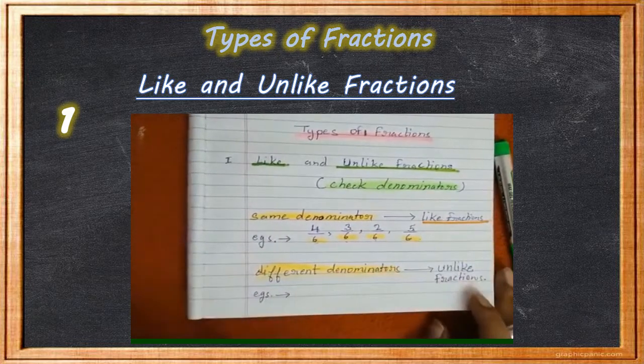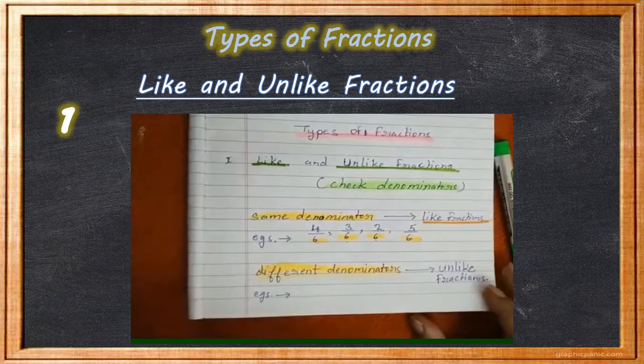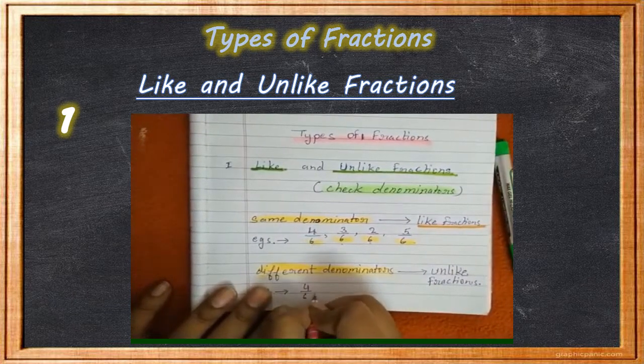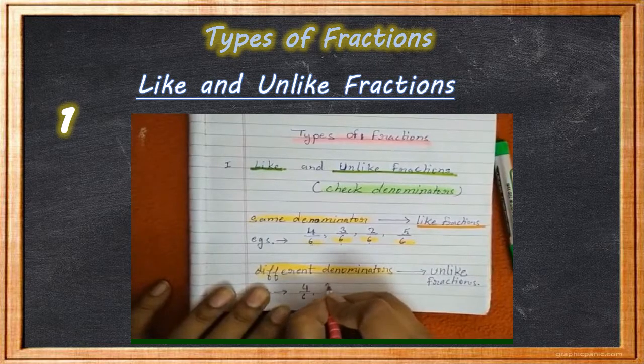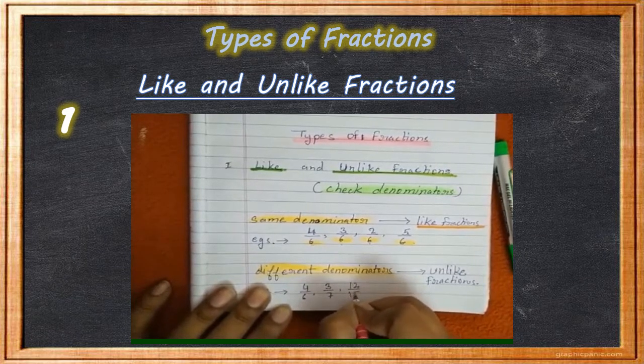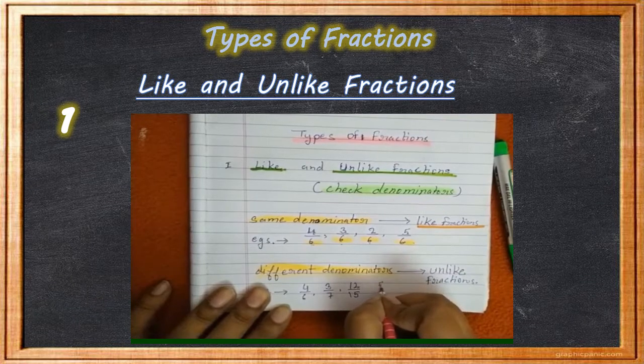Okay children. Now when denominators are different, then the fractions are unlike fractions. For example, 4 upon 6, 3 upon 7, 12 upon 15, then 5 upon 8.